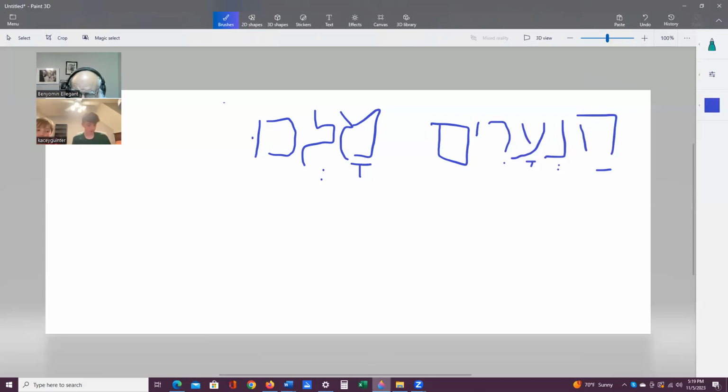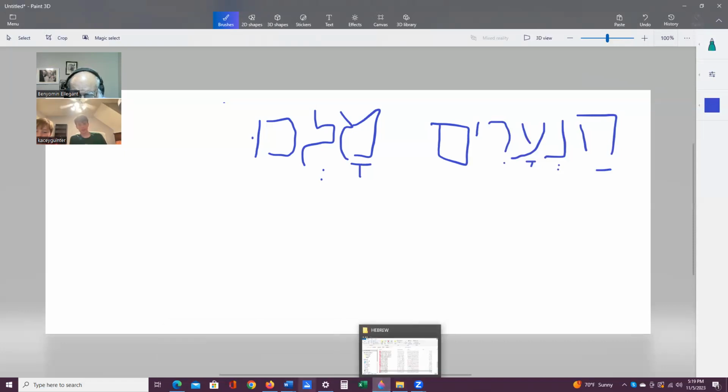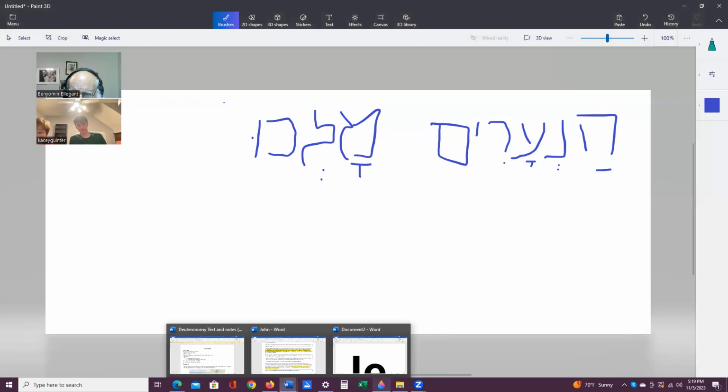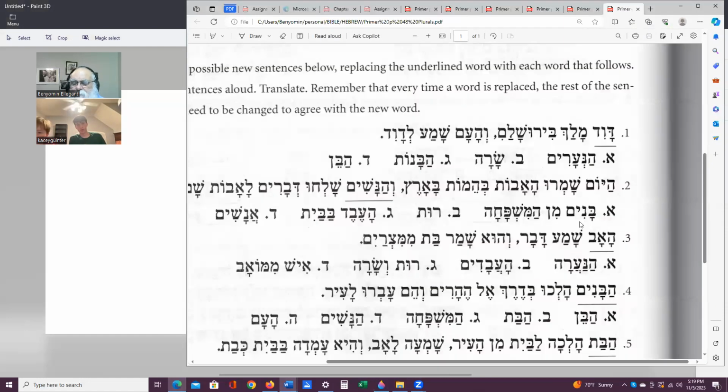Okay, let's take a look at this passage. Now look at the page. We're talking about page 48. David malach Yerushalayim v'ha'am shama leDavid.